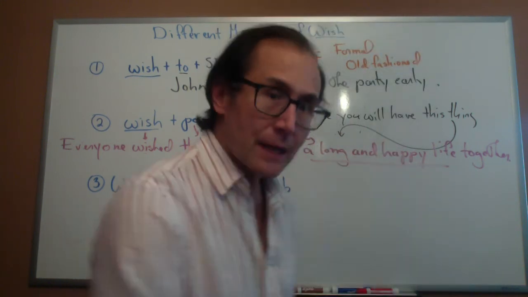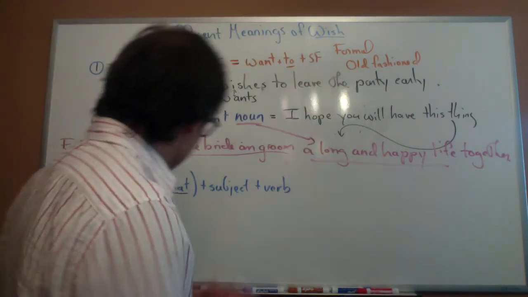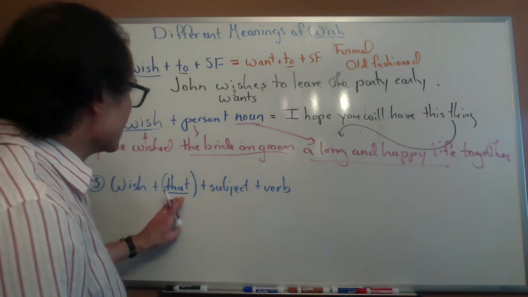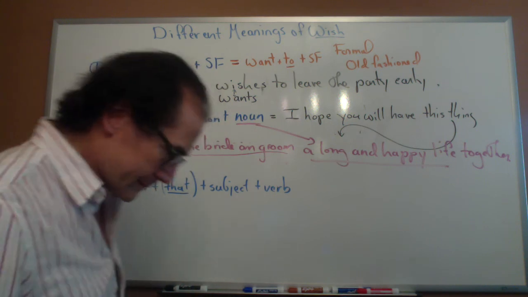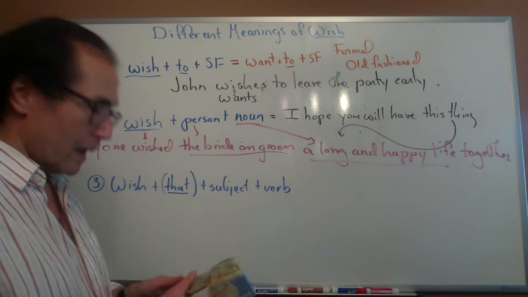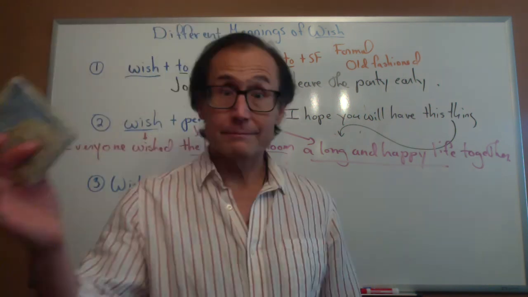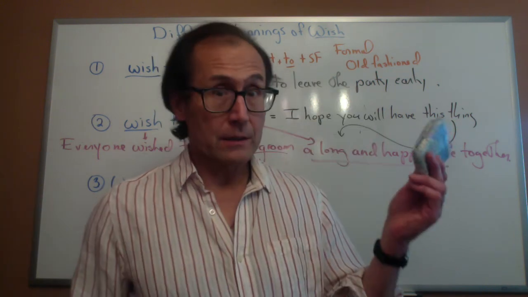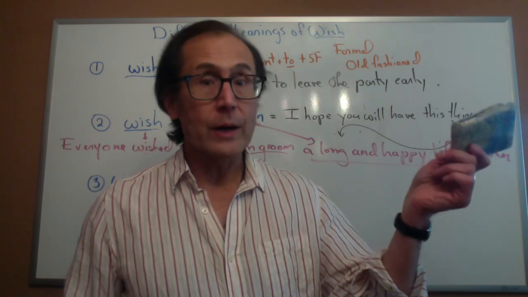I'm going to erase the top ones, actually no, I'm not going to take that. This one is when I use wish and that and subject and verb. Now, let's say this. Here is my wallet. I don't really think that I have $1,000 in my wallet.